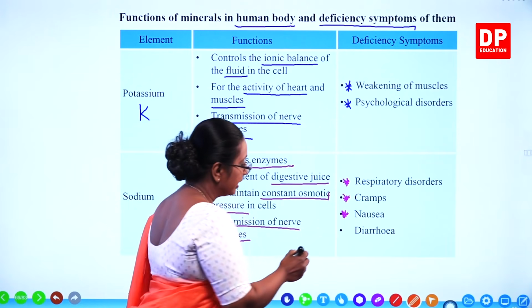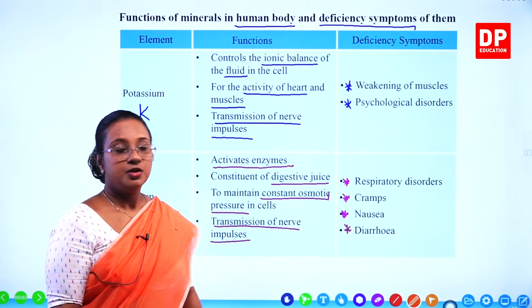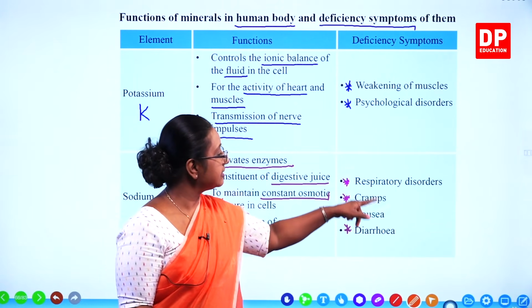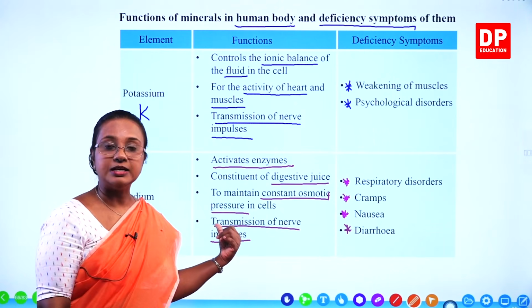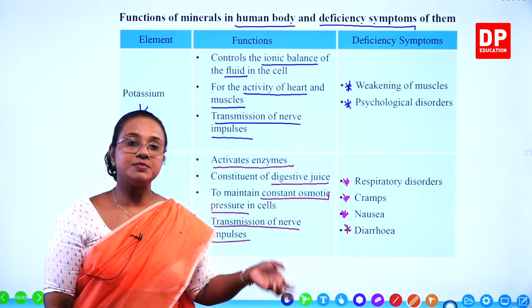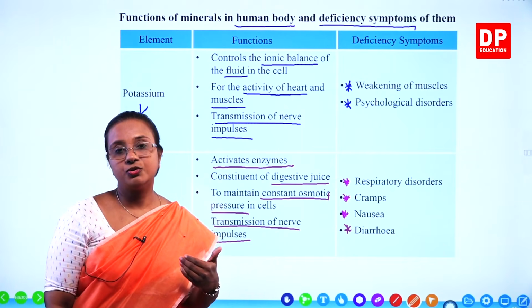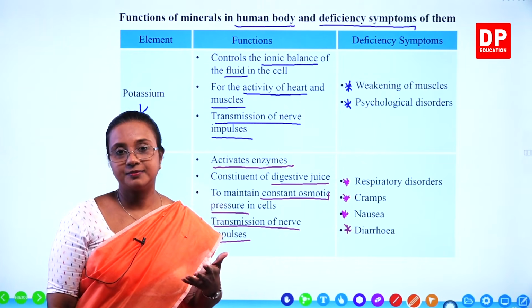And finally, it can even lead to diarrhea. So all these are the symptoms of sodium deficiency. And if you think you have these symptoms, then you might have to consider taking more sodium with your diet.